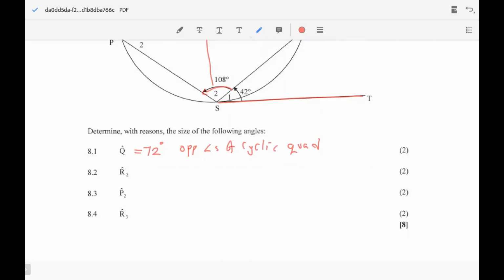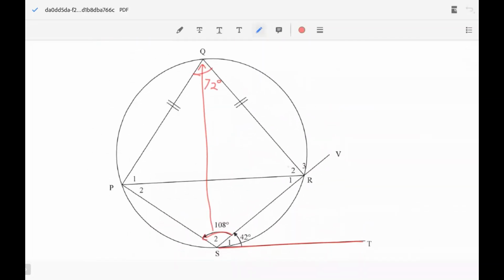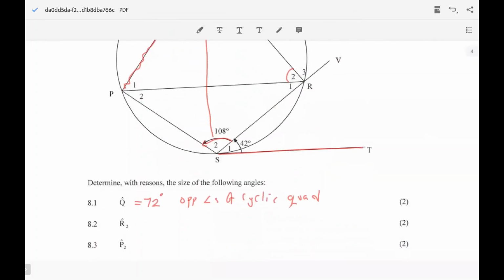Then we need R2. Where is R2? R2 is actually here. R2 is subtended by chord PQ. But then we are given that chord PQ equals chord QR. So these are equal chords, and therefore equal chords, we know that they subtend equal angles. So that's where we shall begin from.